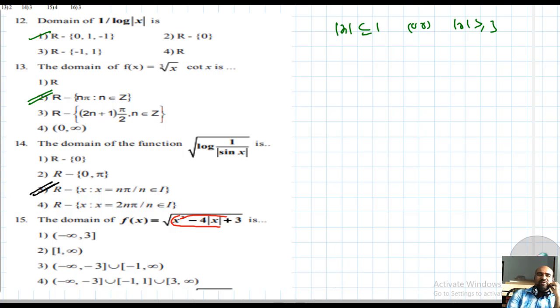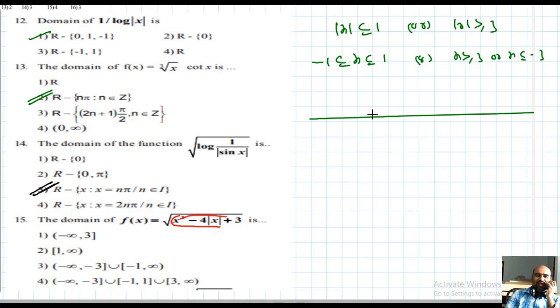Already in basic mathematics I explained clearly, this is nothing but minus 1 less than or equal to x less than or equal to 1, or x greater than or equal to 3 or x less than or equal to minus 3. Now I want to use the number line, here minus 3, here 3, here minus 1, here 1.